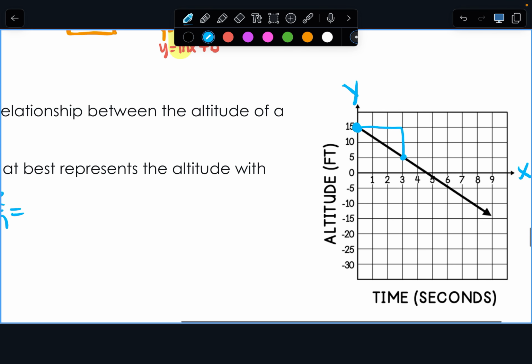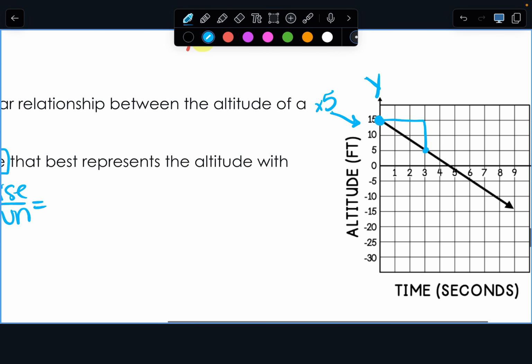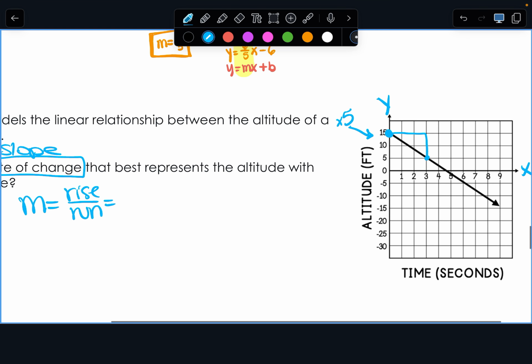So you should be paying attention to what? The values, to our units. We're counting by 5s on the rise. So how many do we rise? 10. Make sure you're being careful with that tomorrow. What about the run? 3. Yeah, negative 3. Thank you.